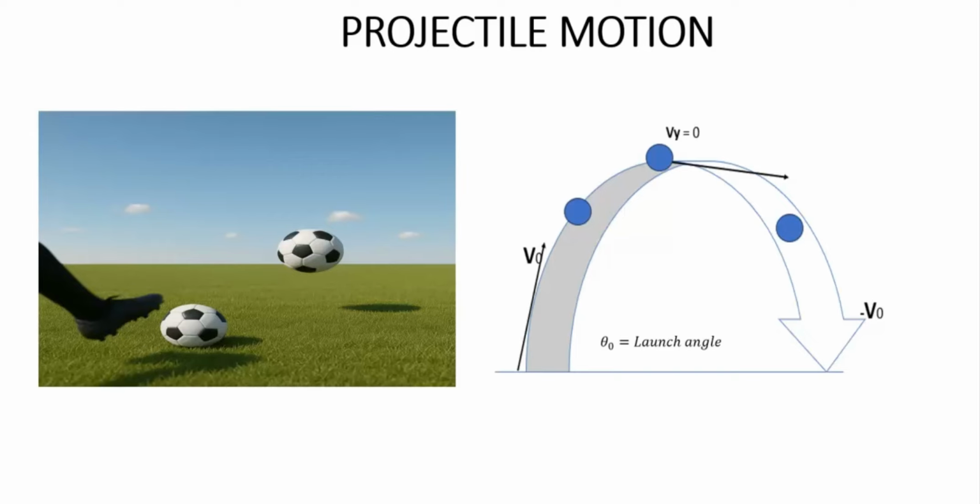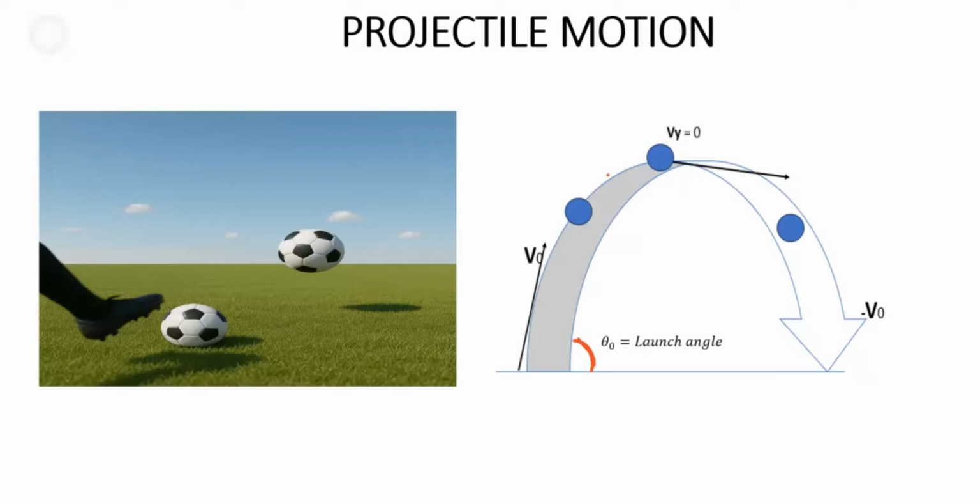If we launch an object at an angle other than straight upwards, the object will be traveling along a parabolic trajectory. So here, this is an angle where an object is launched, and the object travels near the surface of the earth.